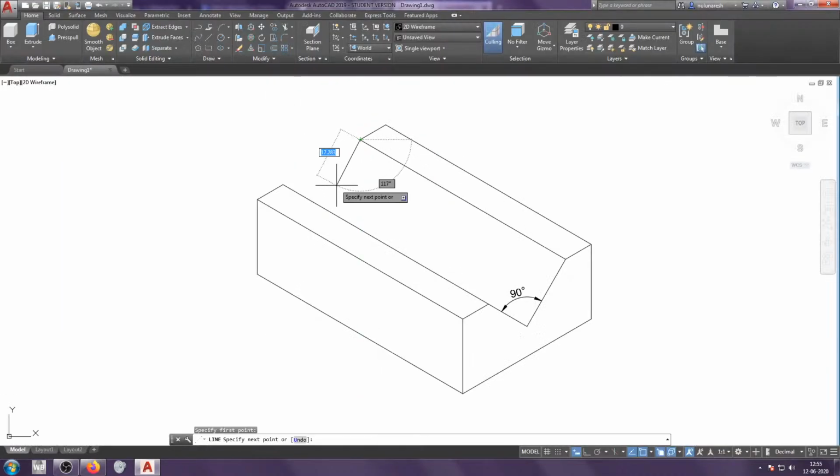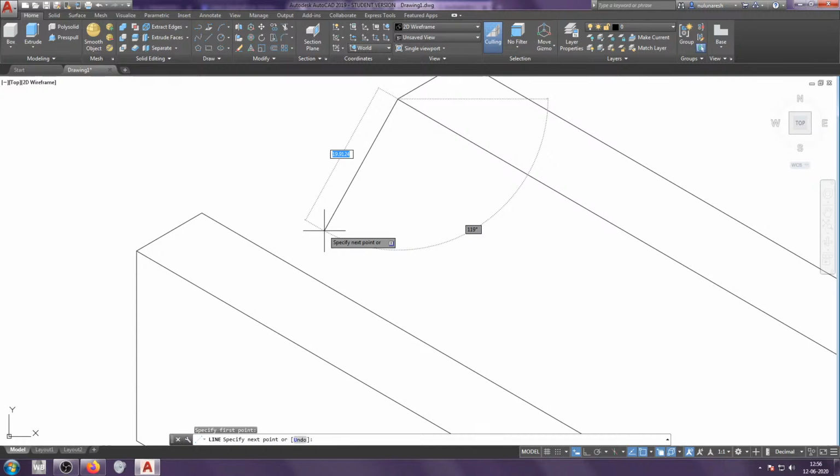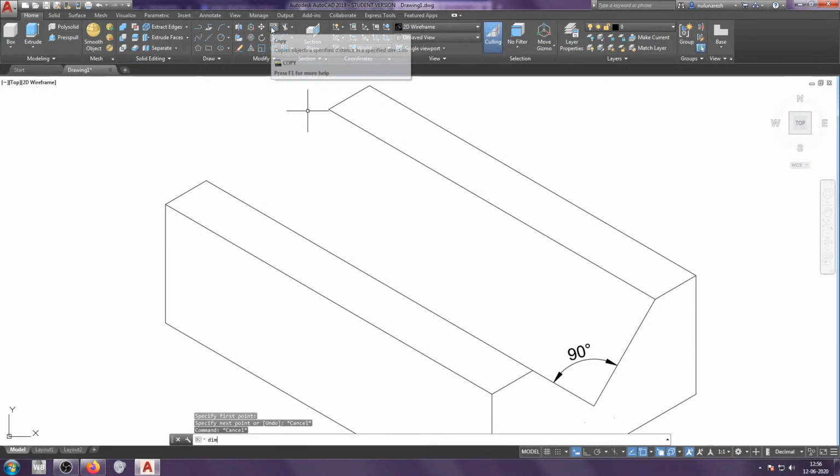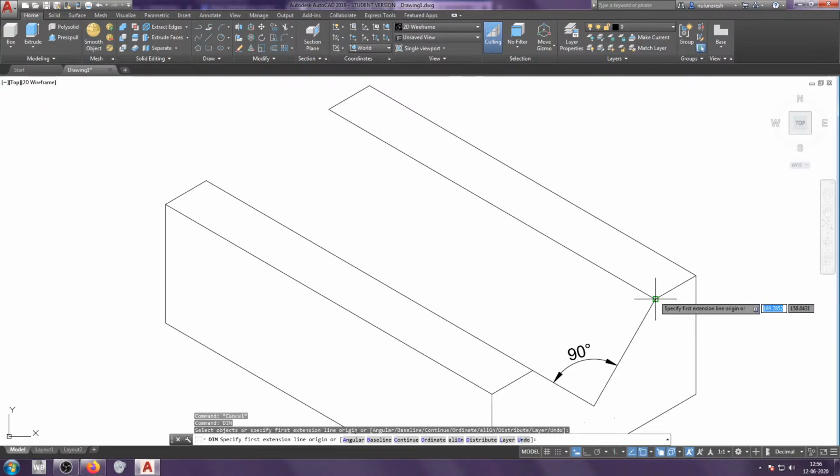These lines now again have to be parallel to these. We need to measure the line dimensions again. I'm going to measure this line dimension.